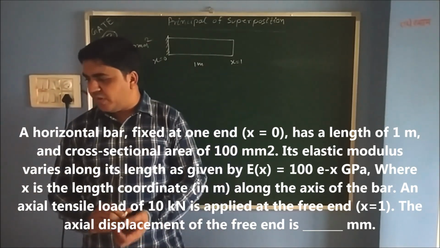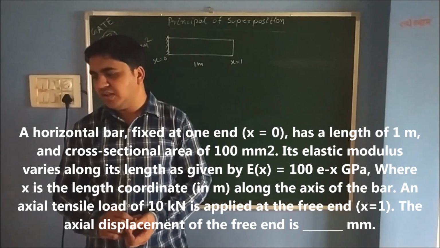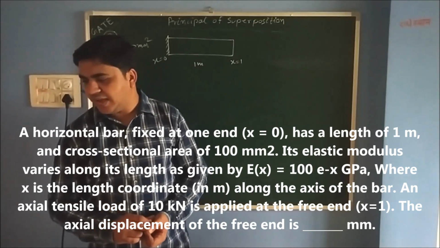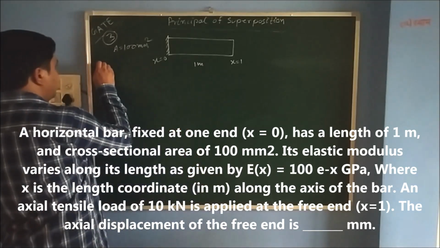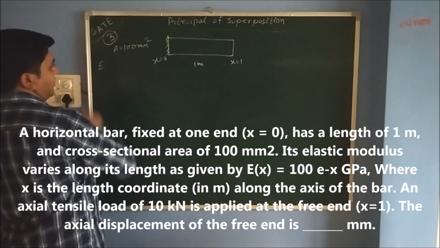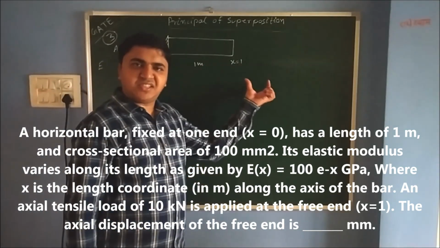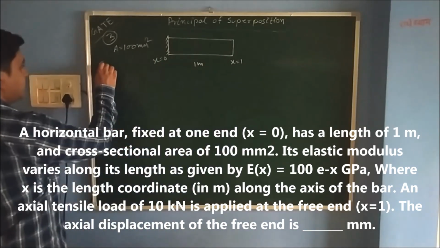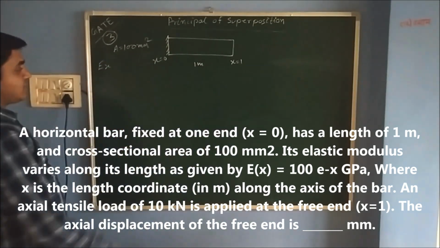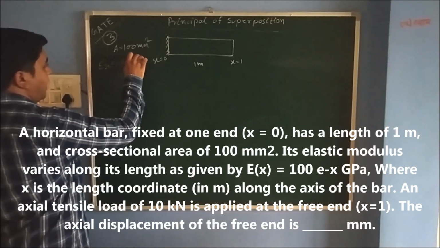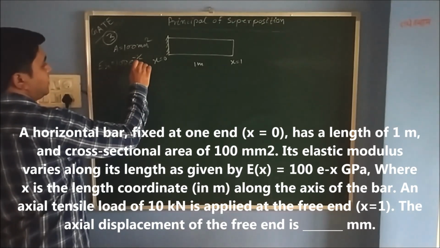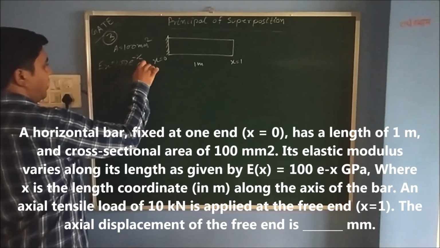Its elastic modulus varies along the length and is given by E(x) equals 100 e raised to power minus x GPa. So E is varying. Young's modulus is not constant here. So Young's modulus is varying with respect to x, and that value is given as 100 e raised to power minus x GPa.